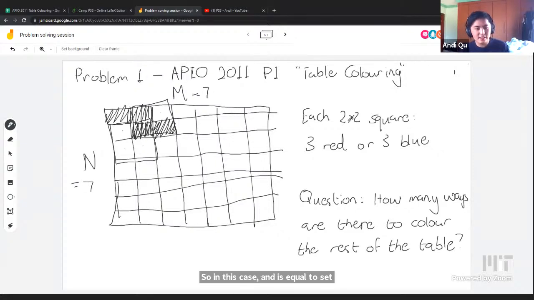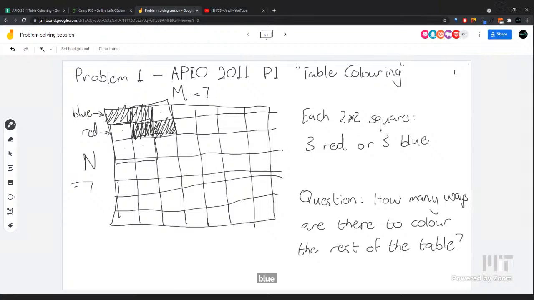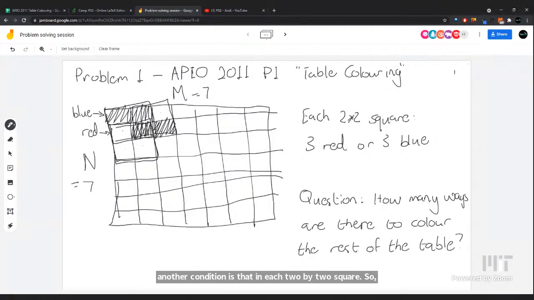Each cell in this table is colored either red or blue, and the condition is that in each 2x2 square, for example this square or this square here, there are either 3 red cells or 3 blue cells.